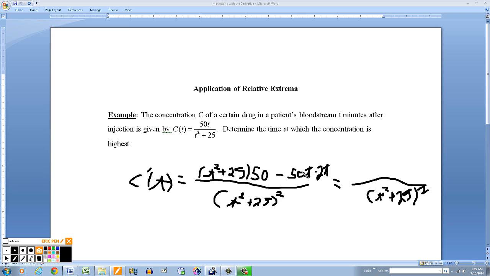So 50t squared minus 100t squared is a negative 50t squared. Again, that's coming from 50 times t squared and 2t times minus 50. And then plus 50 times 25, which is 1250.